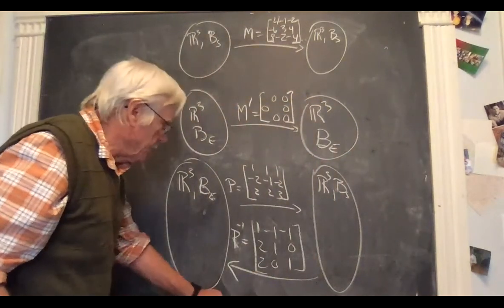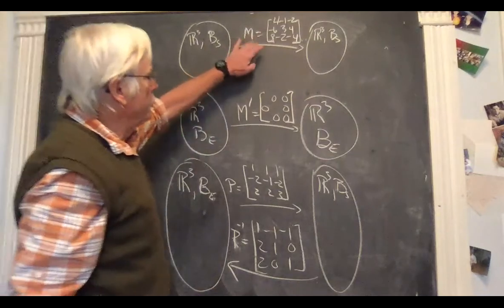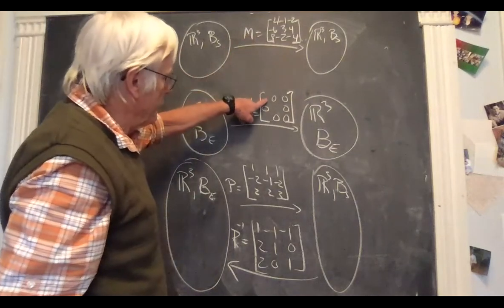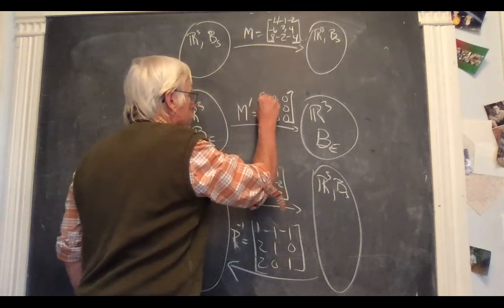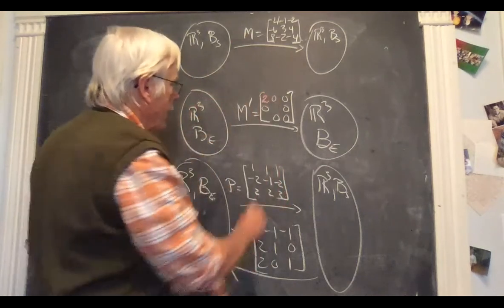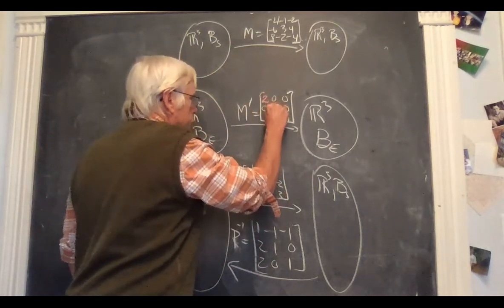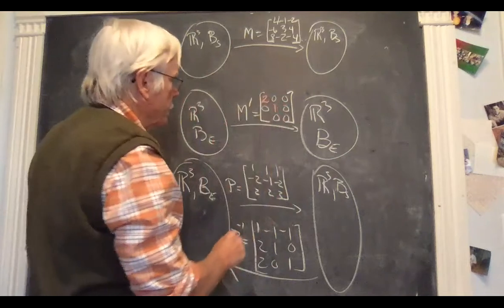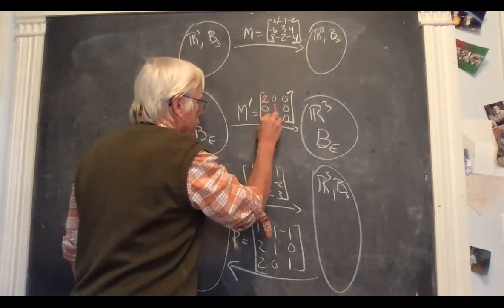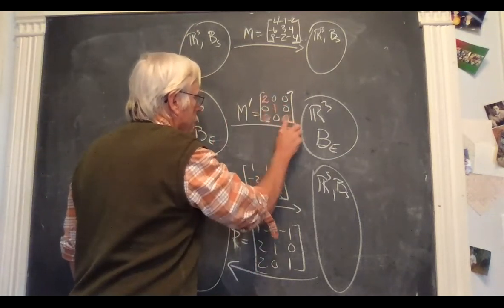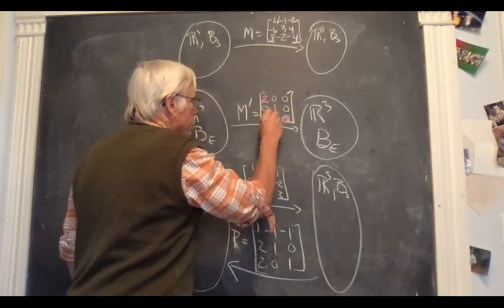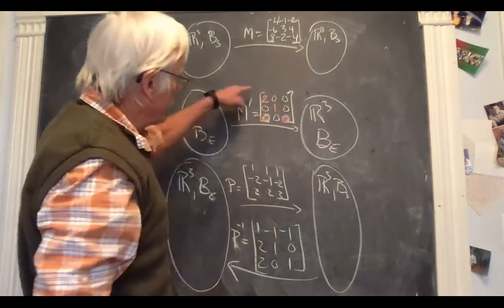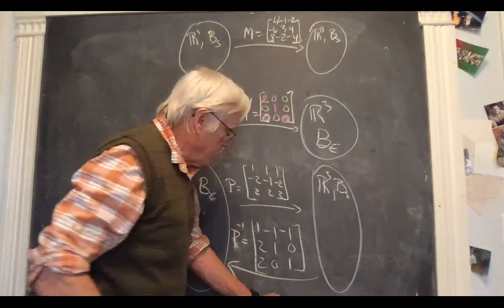And what does this function do? Well, in the first eigenvector direction, it multiplies by 2. In the second eigenvector direction, it multiplies by 0. And then the third eigenvector direction, it collapses. Oops, this should have been the collapse. This should have been the 0. So this is a diagonal matrix.